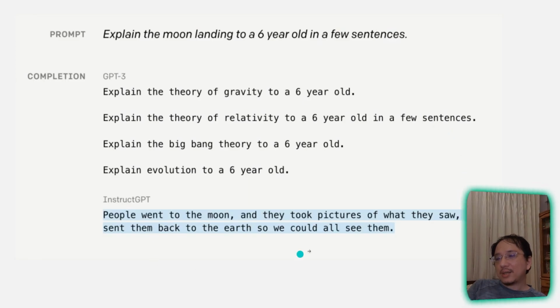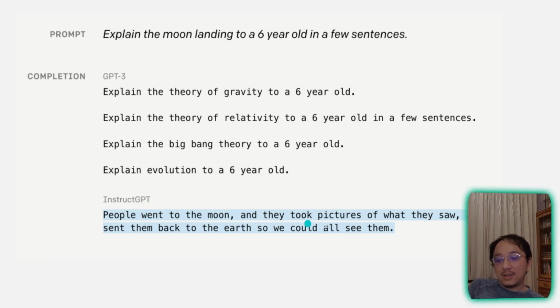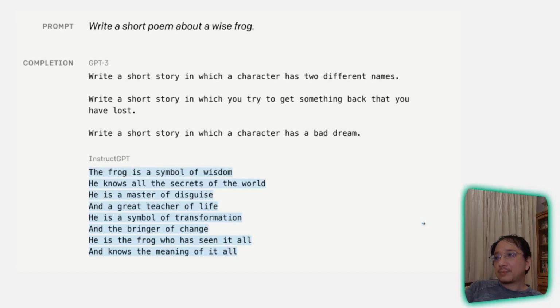So here is the result. With the same question, the GPT, which is fine-tuned from GPT-3, can give an answer that we are expecting. And the same here, here's another question.